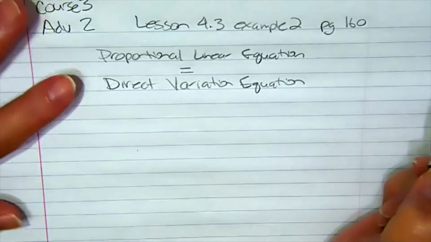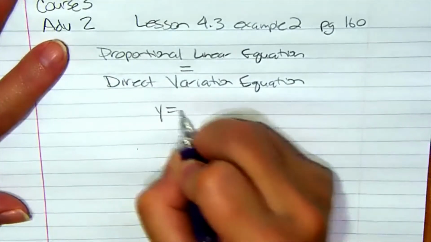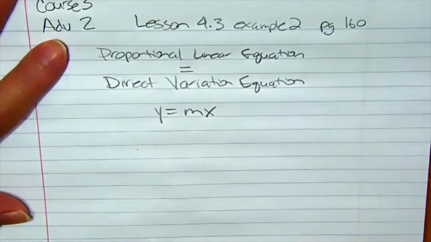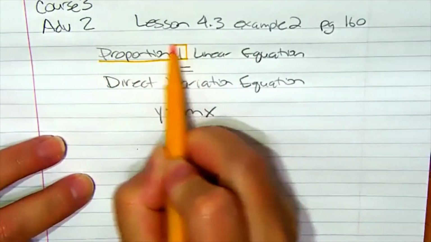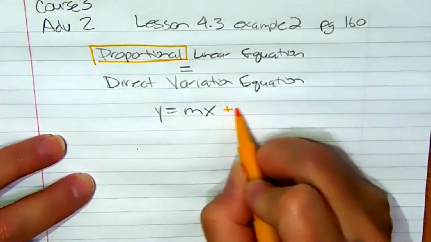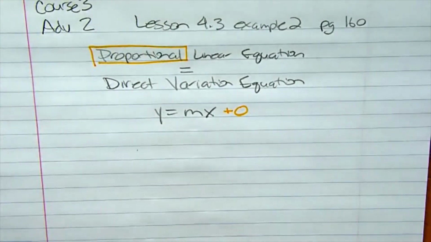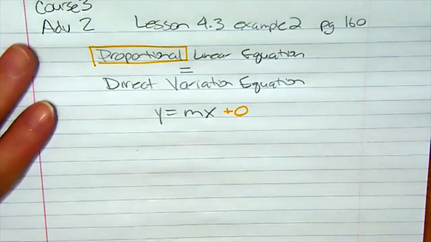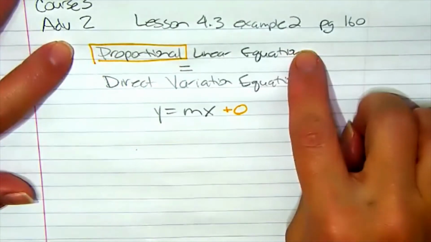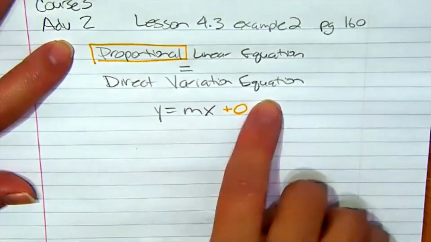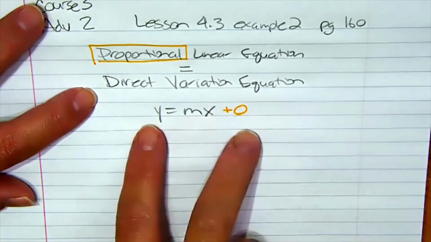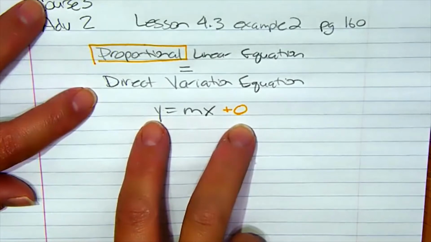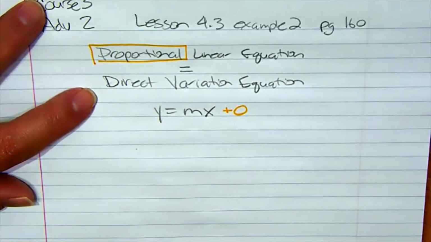And I know that the equation for this is y equals mx. If it's proportional, the plus 0 is invisible. So a proportional linear equation is also known as a direct variation equation, same thing.